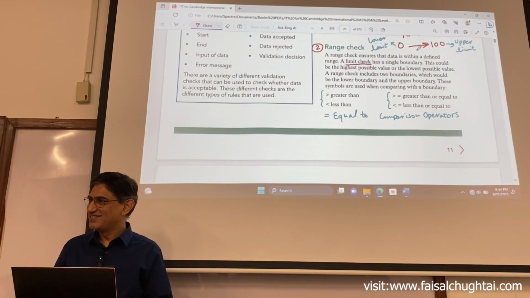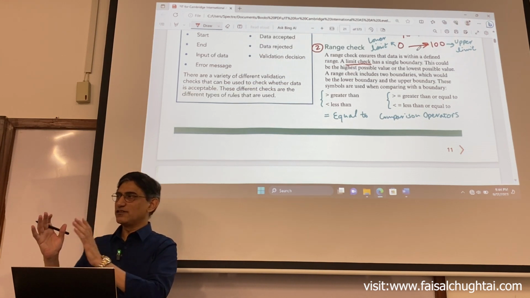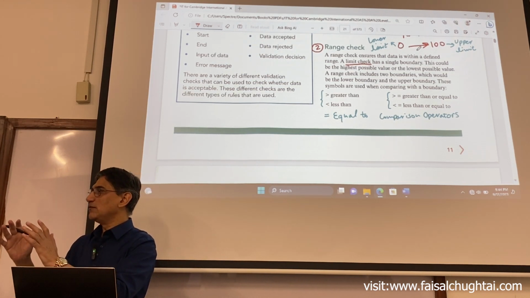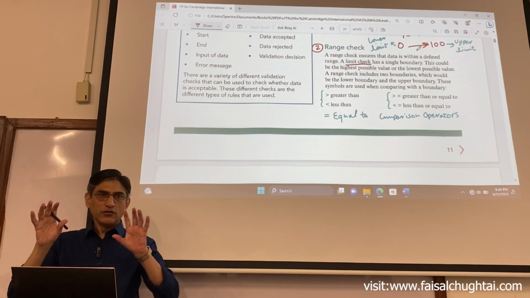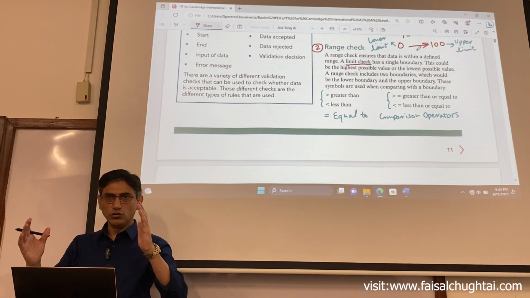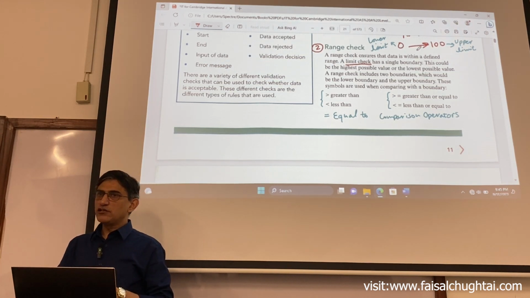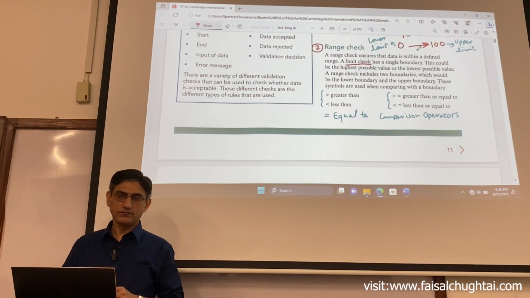Yeah, nothing? All right. अच्छा देखो, how is a limit check different from a range check? Range check has a range of acceptable limits where there is a lower limit and an upper limit. So there is a range of values. Limit check usually only has one boundary.